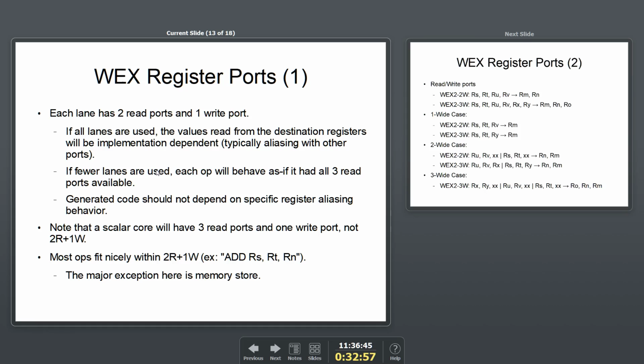If fewer lanes are used, each op will behave as if it had all 3 read ports available. As noted, this would be a single wide instruction on a 2 wide core, or a 2 wide bundle or sequence on a 3 wide core.